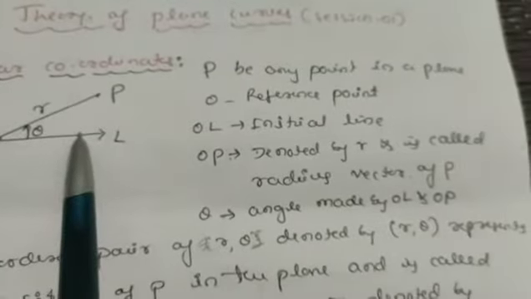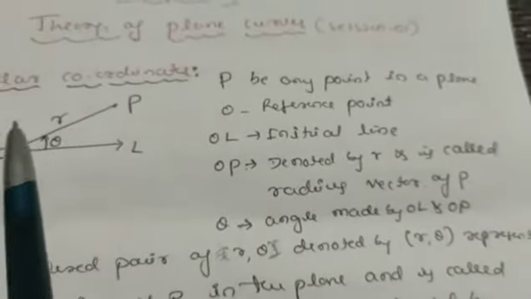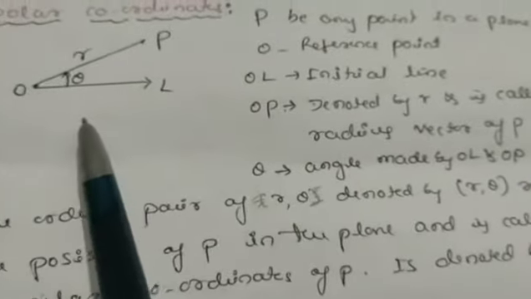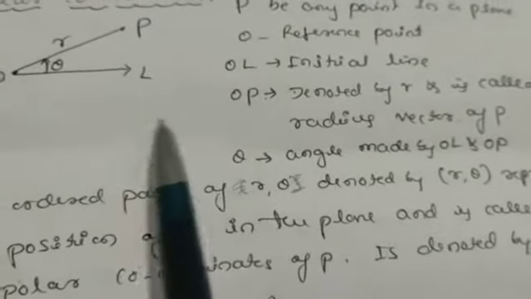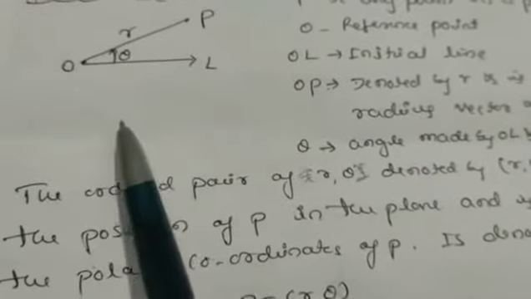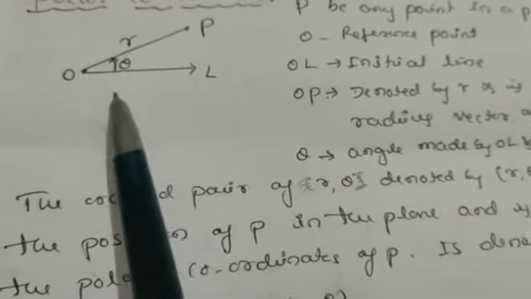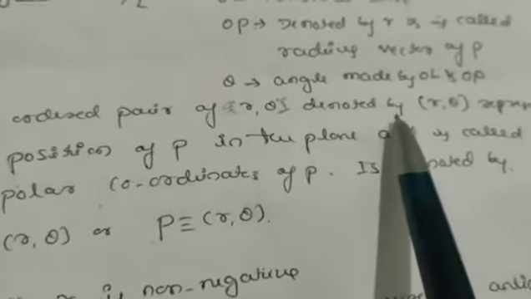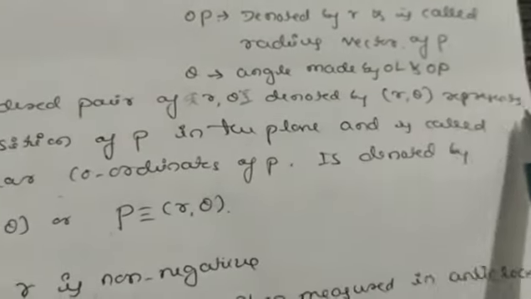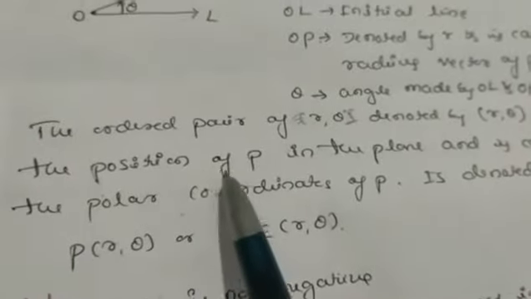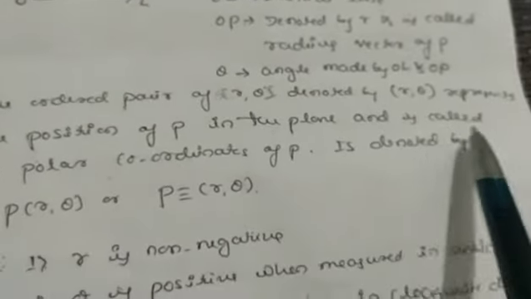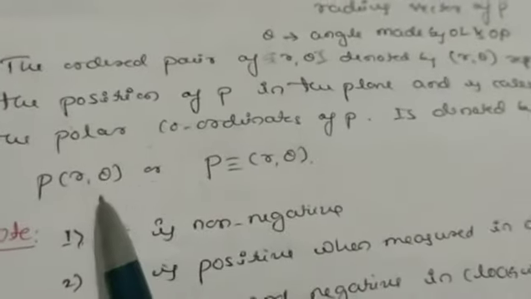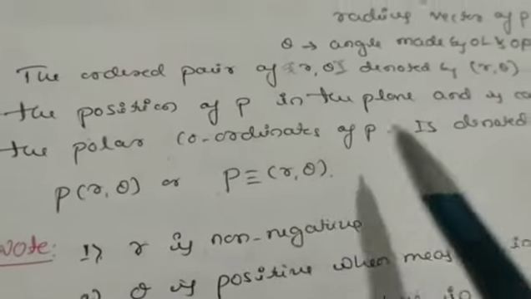OP is denoted by R, that is the radius, called the radius vector of P, and theta is the angle made by the line OP with the initial line. So the ordered pair of real numbers R and theta, denoted in brackets as (R, theta), represents the position of a point P in the plane and is called the polar coordinates of the point P, denoted by P(R, theta) or P = (R, theta).